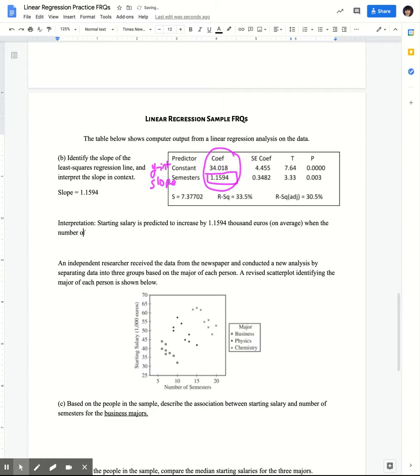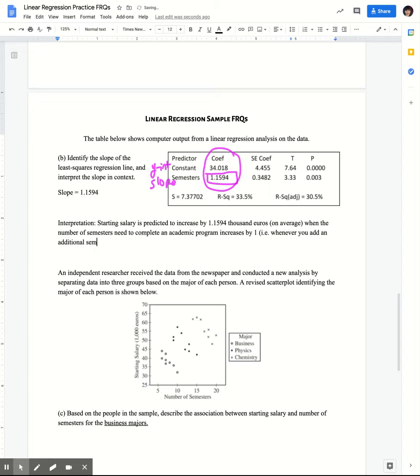When the number of semesters needed to complete an academic program increases by 1, right? I.e., whenever you add an additional semester to the required course load.